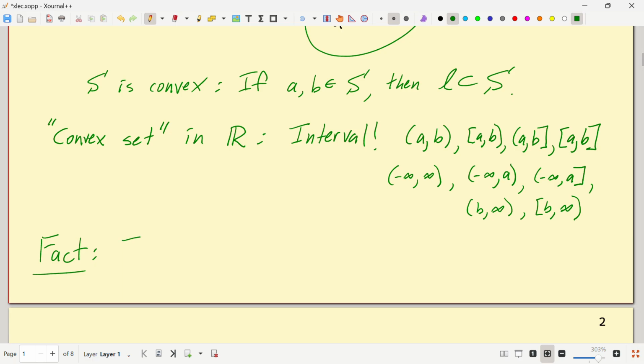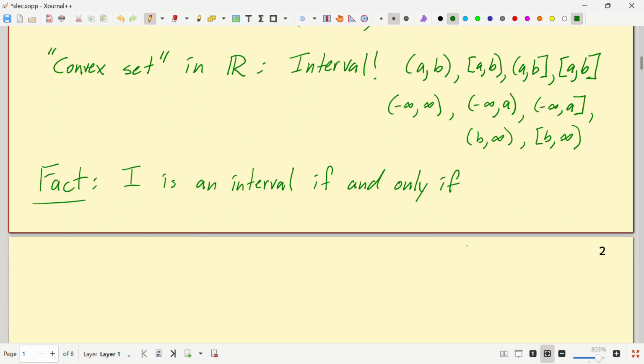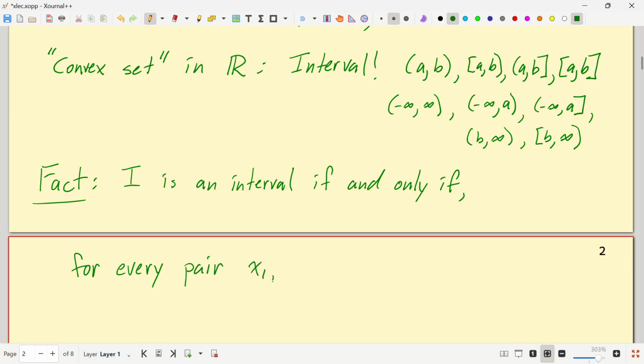So I is an interval if and only if for every pair of points x1, x2 in the set, then everything between x1 and x2 is in the set.